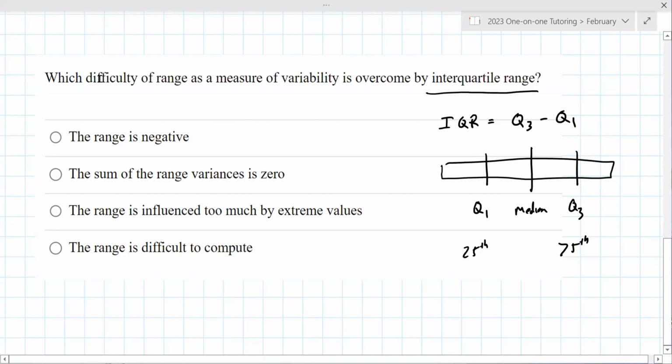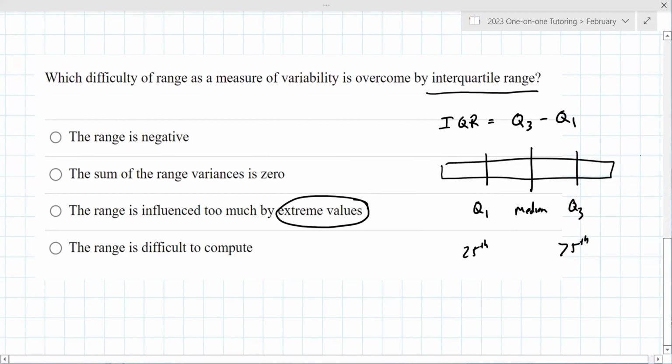Nevertheless, this is a tough question because you have to know what interquartile range is, and you have to know what affects it. Let me give you the answer and then go backwards. Is that all right? Yeah. It's when there are extreme values.